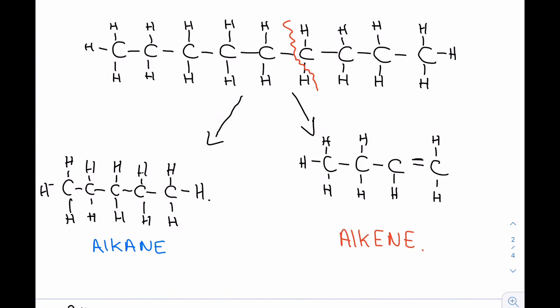You've got your single bonds, which is what an alkane is, like this, with 5 carbons. And this one's got 4 carbons and it's double bonds, so it's an alkene. So that's all you need to know. You need to know that cracking splits our big hydrocarbons so they're small and they're more useful for things like fuels, but also these alkenes can be used for plastics.